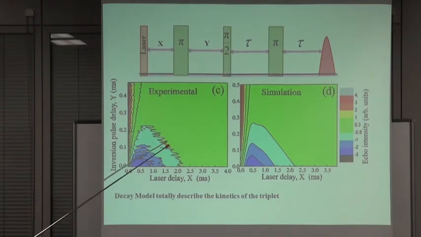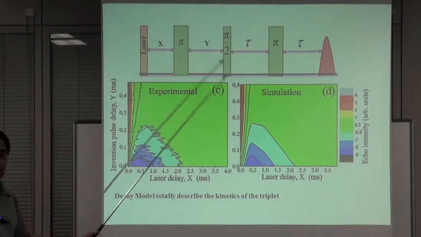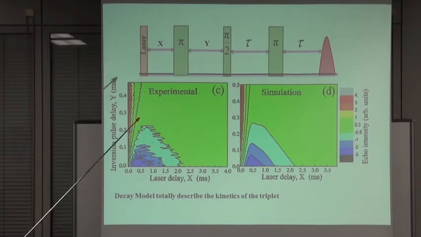I simulated it on the basis of my decay model, and the very close correlation between these two says that the decay model perfectly describes the kinetics of the triplet, and our assumption that there is no T1 relaxation within the spin energy levels is consistent with this.